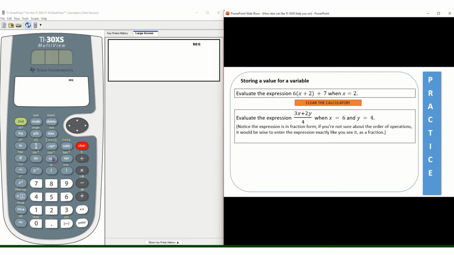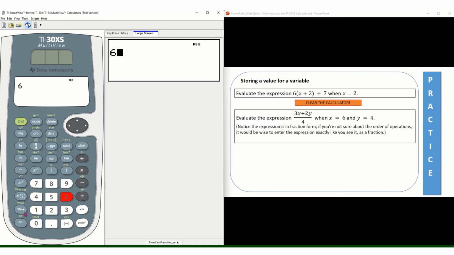So you should hopefully already know the fraction key is the second column over, third row down, the n over d key, numerator over denominator. On the reference sheet you receive during the exam, that's something they share with you, this fraction key. So we want to make sure we know where it is. But let's go ahead and store these values in first.